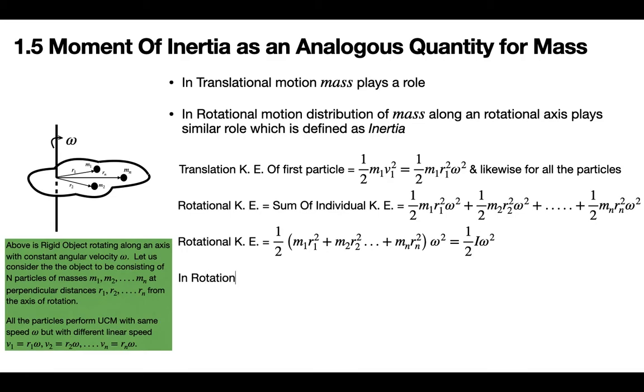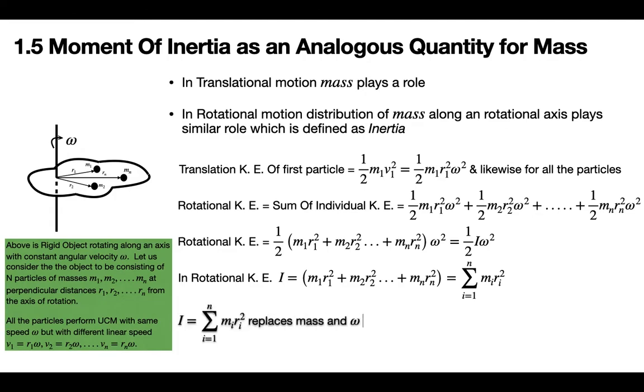So in rotational motion, you can rewrite this rotational kinetic energy with the I factor, which we replaced by m1 r1 square plus m2 r2 square up to mn rn square, in the form of summation from i equal to 1 to n of mi ri square.